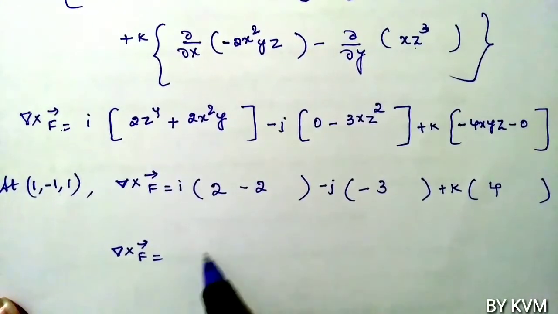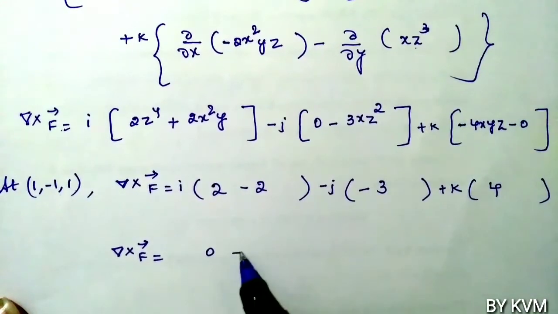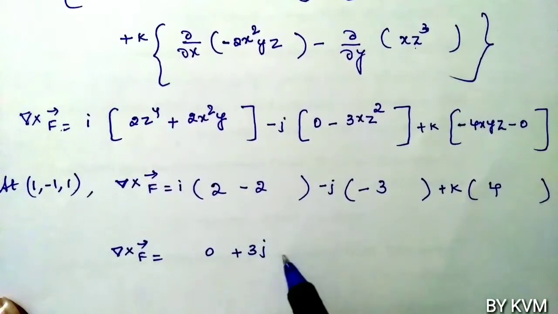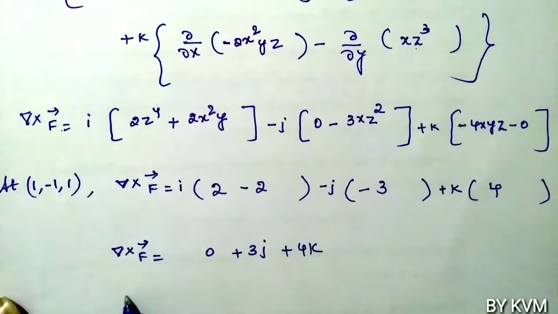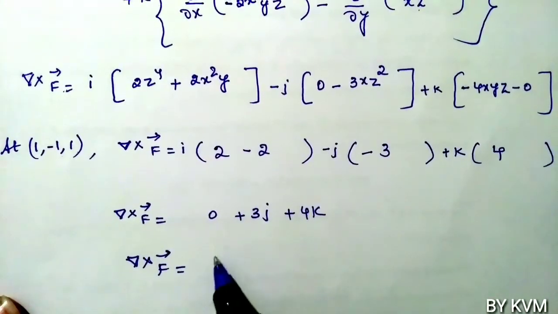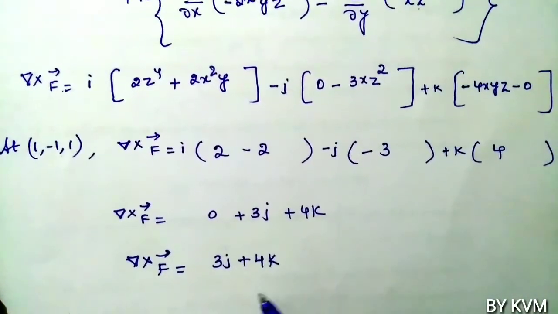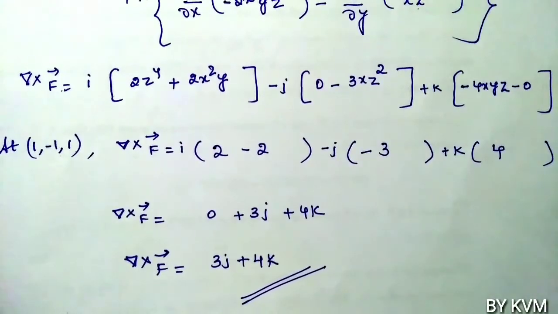So del cross vector f is 2 minus 2, 0, minus into minus, plus 3j plus 4k. So del cross vector f is 3j plus 4k. So this is the curl.